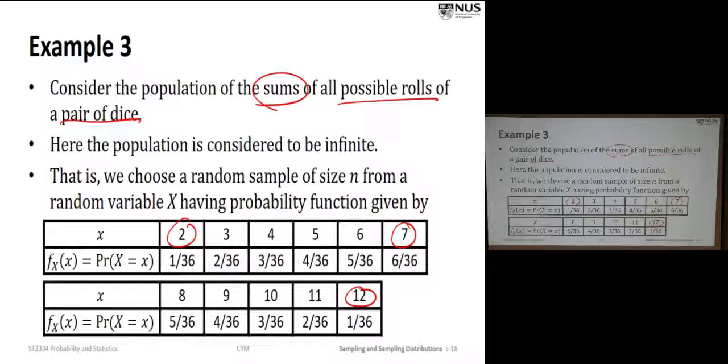So that describes the experiment of tossing the two dice. The values range from 2 to 12, and the corresponding probabilities are given there. So this is the behavior of one outcome.